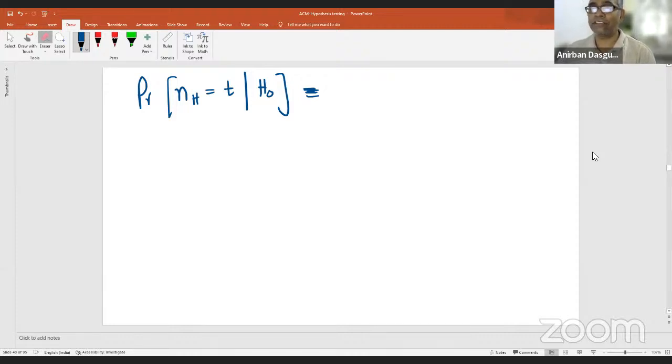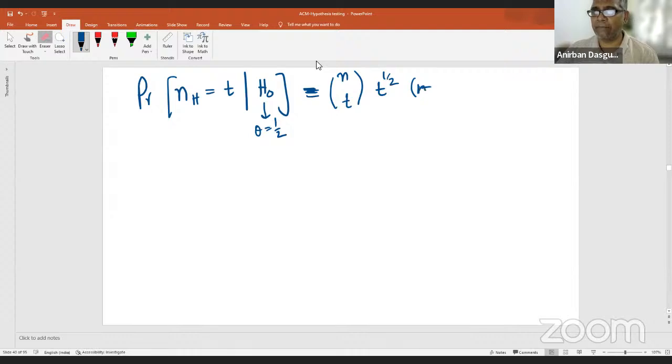Because there are two possibilities, head or tail, and I'm counting the number of heads, it's a binomial random variable. So I can say this is equal to n choose t, times one half to the power t, times one half to the power n minus t, since H0 says that theta equals half.